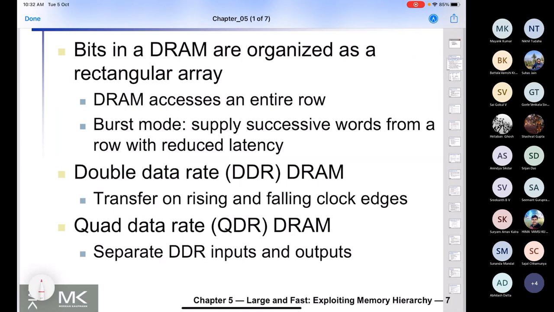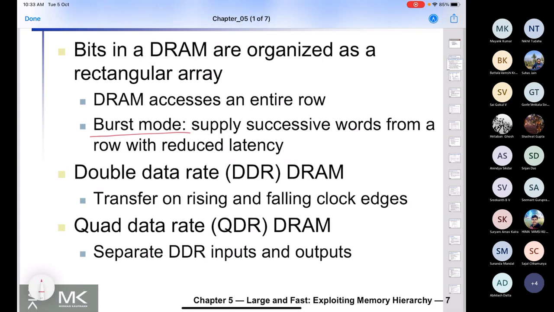So it supports something called a burst mode, where successive words from a row can be accessed together. So your initial access latency is distributed over the entire large amount of data that you are fetching. We'll see what we mean by that with an example.